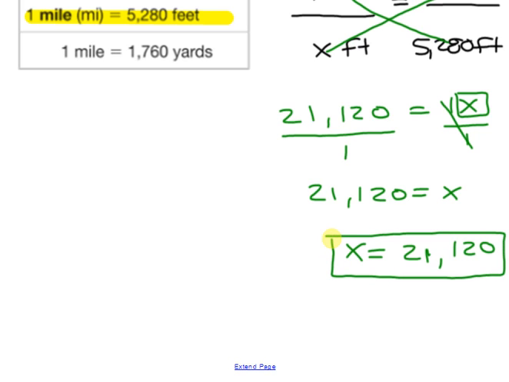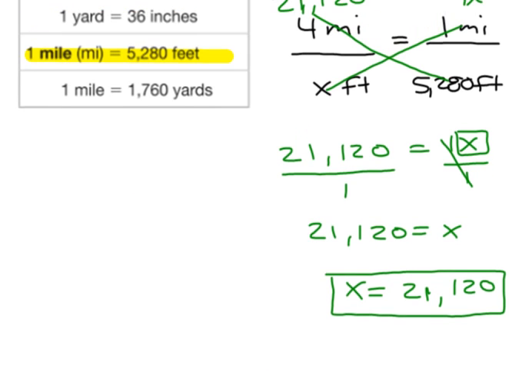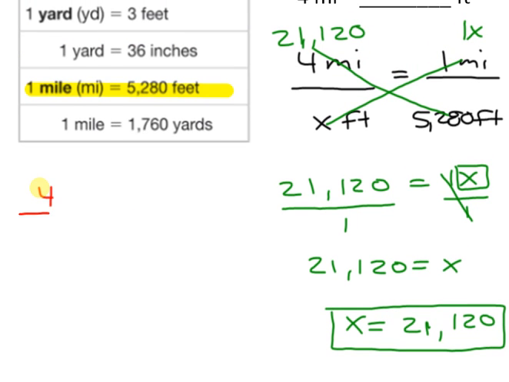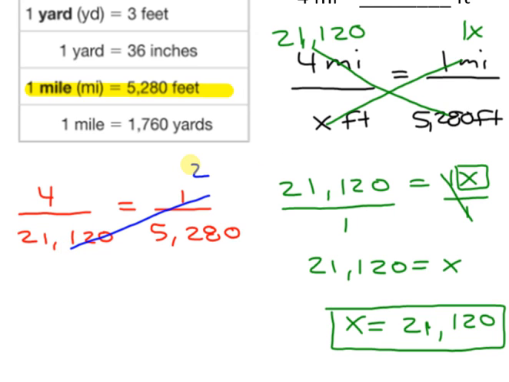It's always a good idea to check our work. So it's going to be 4 over 21,120 equals 1 over 5,280. 21,120 times 1 is 21,120, and for 4 times 5,280, go ahead and use your calculator. 4 times 5,280 equals 21,120.